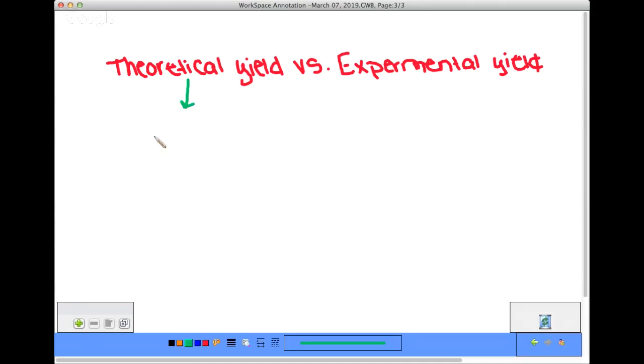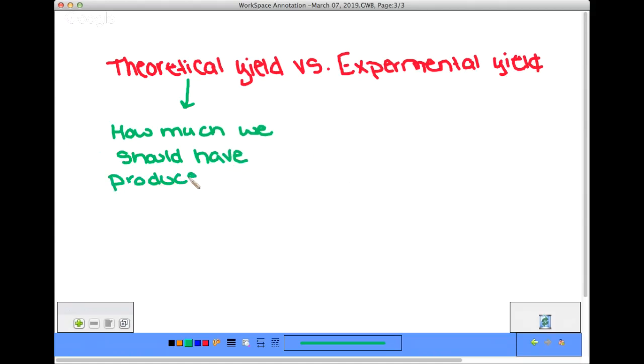Our theoretical yield tells us how much we should have gotten, or produced. And we find this using stoichiometry.